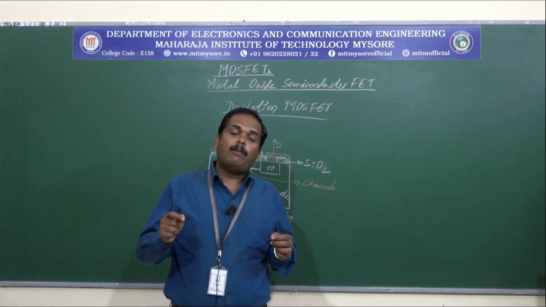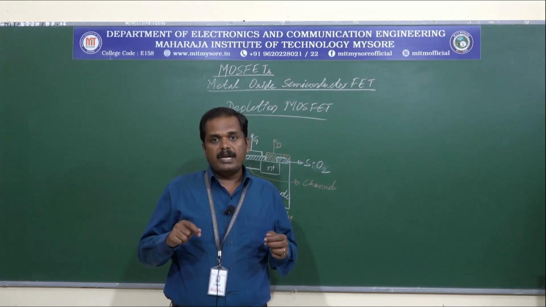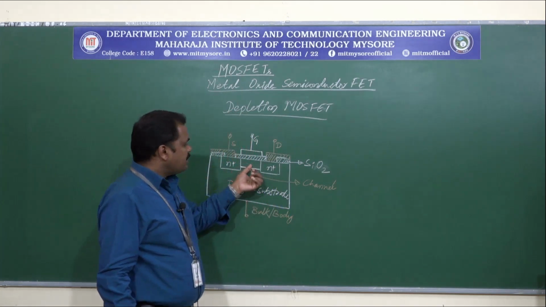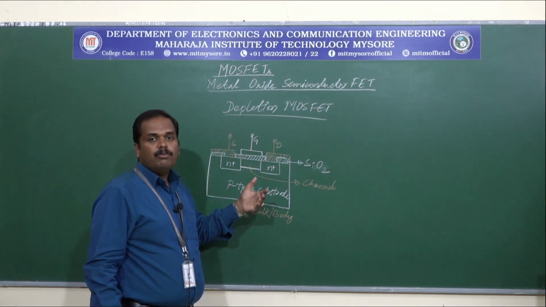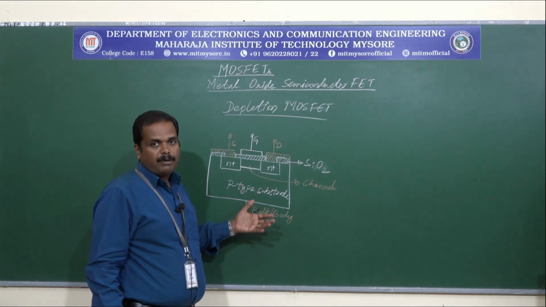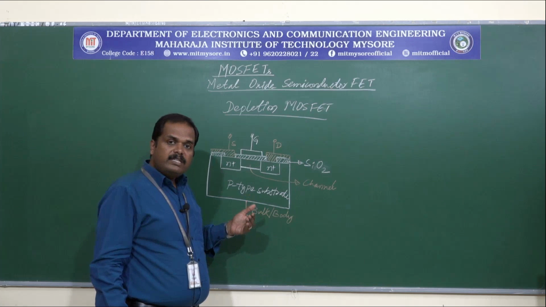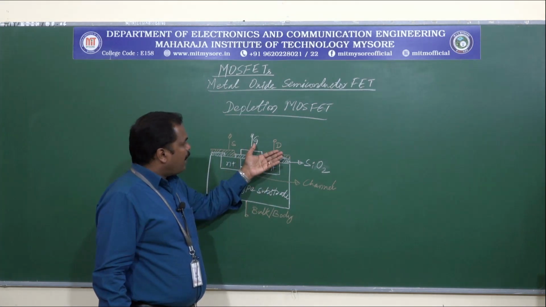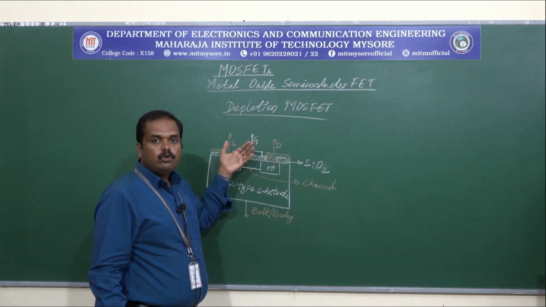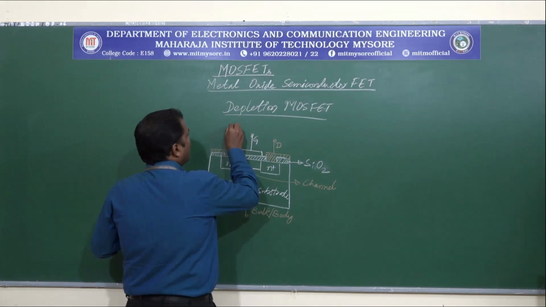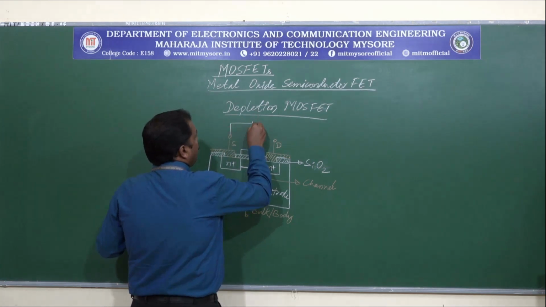And after that, when we apply a drain to source voltage, the current flows through the channel. But here, because the channel is already available by default, there is no need for VGS to be applied, or even for VGS equals 0, the current would be flowing if we apply the required drain to source voltage.